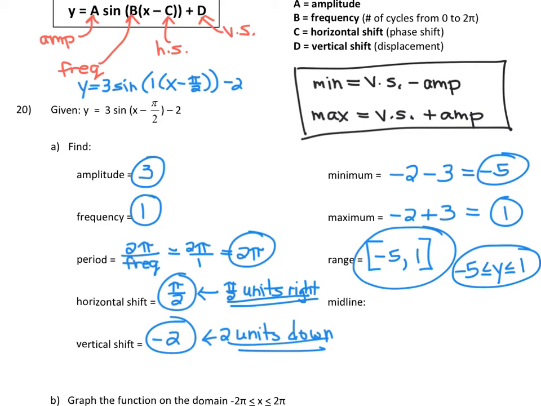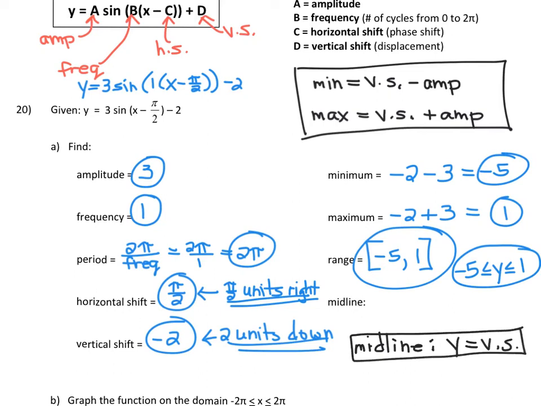All right, the midline. We just actually talked about that. That was the middle height of our graph. So the vertical shift is what helps us find the midline. Here, let's put this formula here too. The midline. I don't know if this is actually a formula, but if you want to find the midline, it's just y equals whatever your vertical shift is.